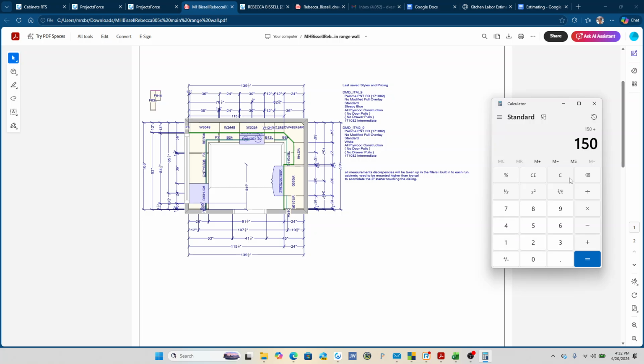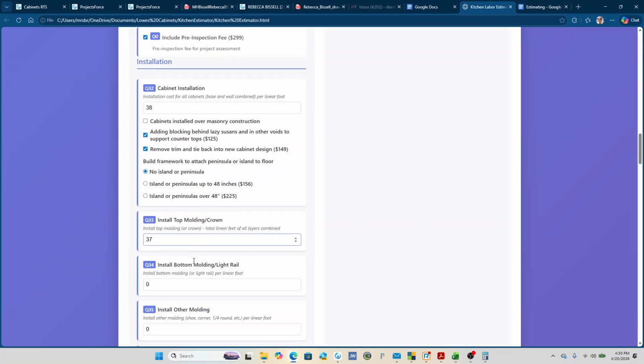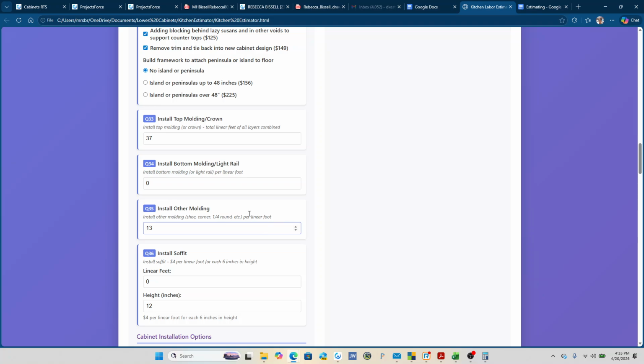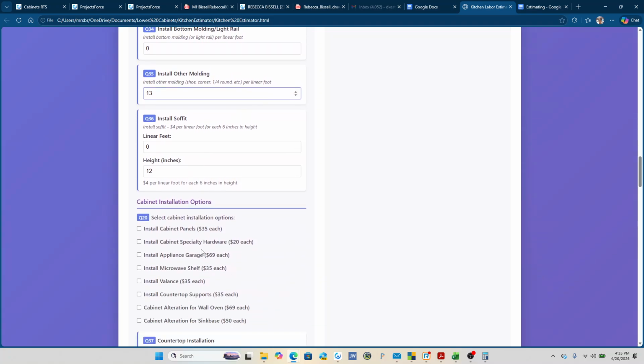And then over on the other side of the kitchen is 15. 165 divided by 12. So there's 14 feet of other molding, which is going to be things like outside corner molding, quarter round down to the flooring, which many of the stores forget to sell, but I always try to remind them when I see it.